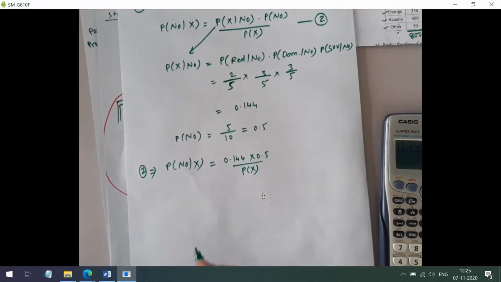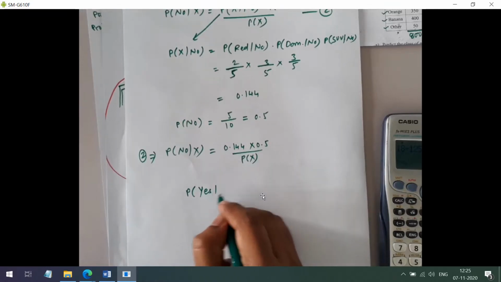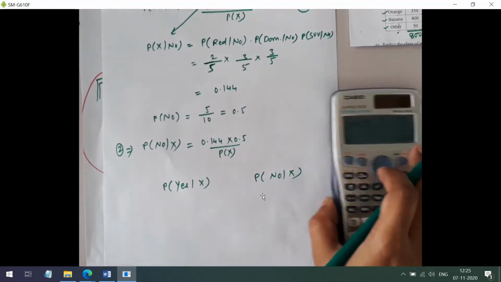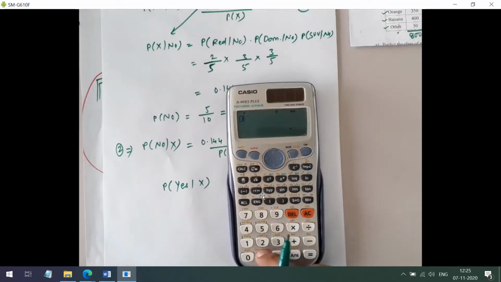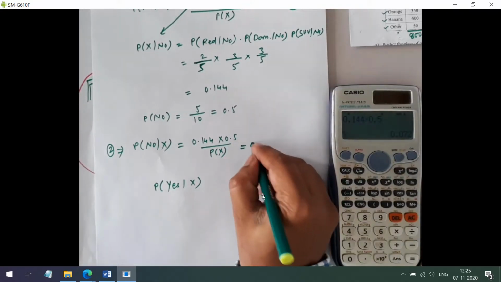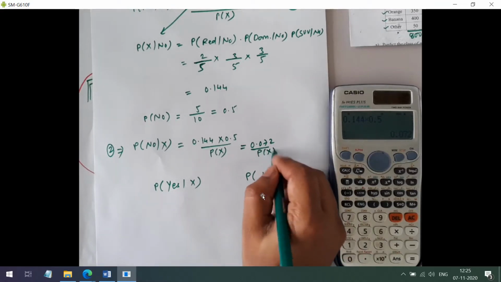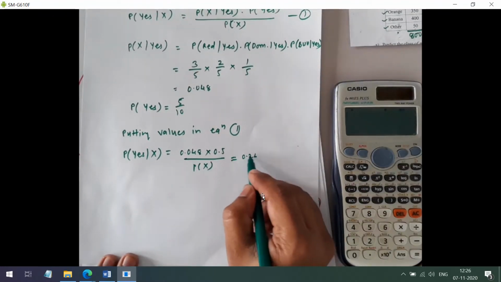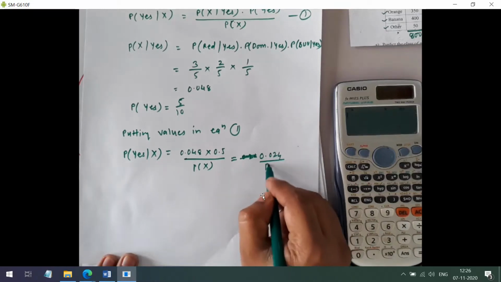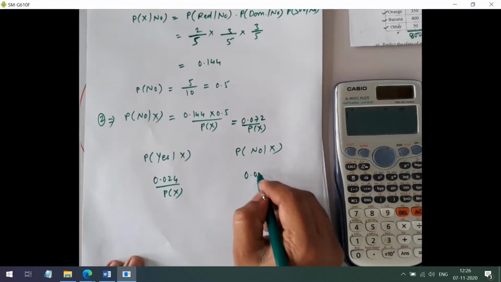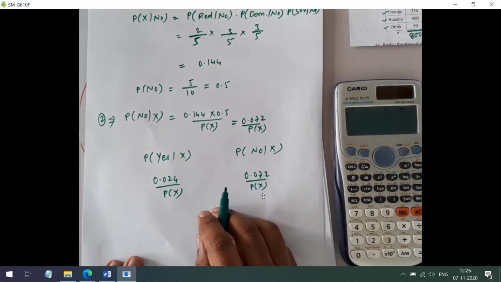Now if we compare the probability of yes given X and probability of no given X, I will calculate this value. 0.144 into 0.5 is 0.072 by P of X. Here the value, the half of this, will be 0.024 divided by P of X. I will write these values here, 0.024 divided by P of X and 0.072 divided by P of X. Now which one is greater?